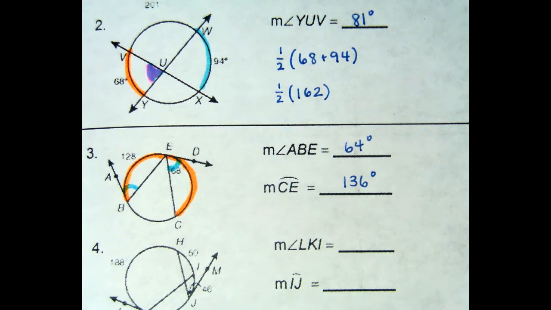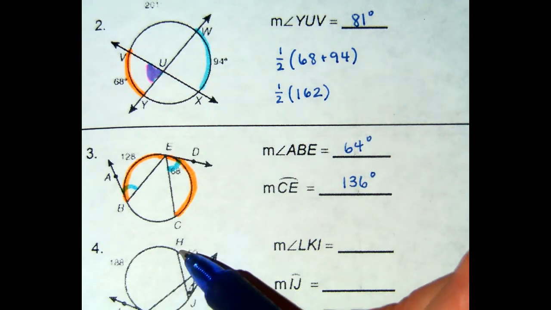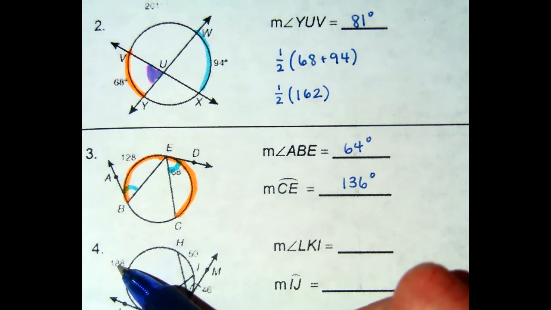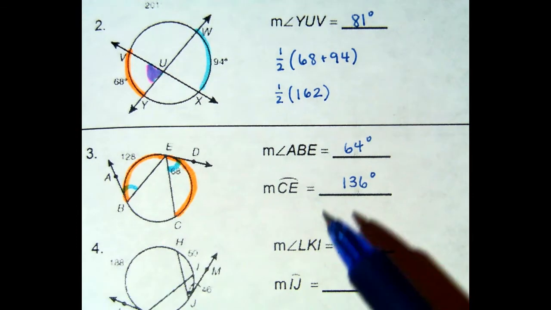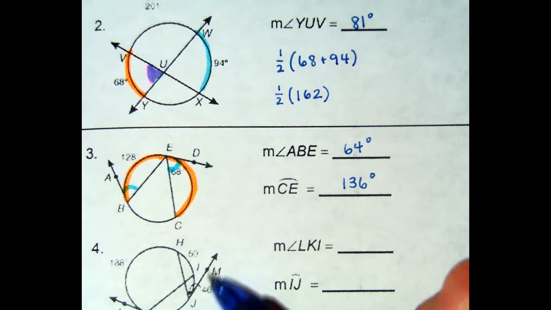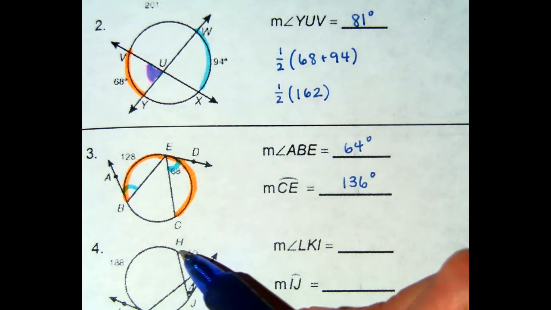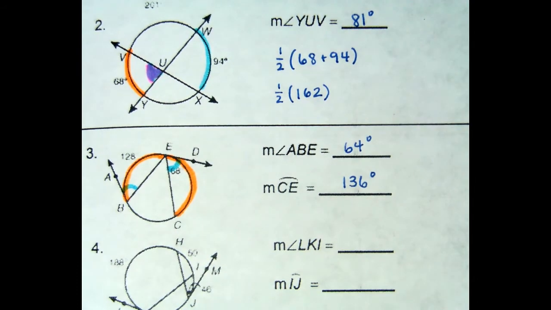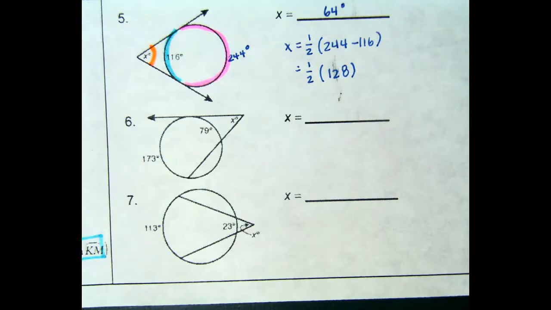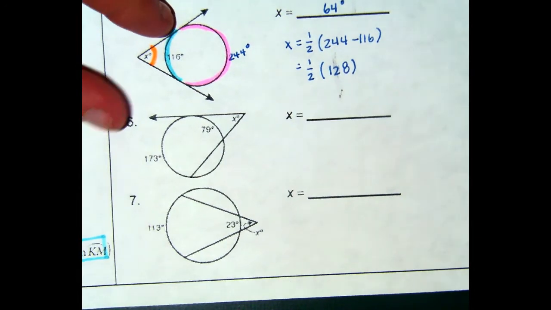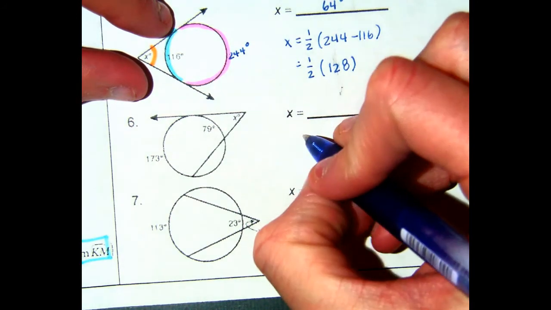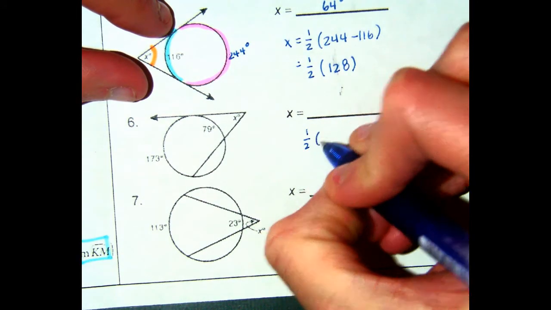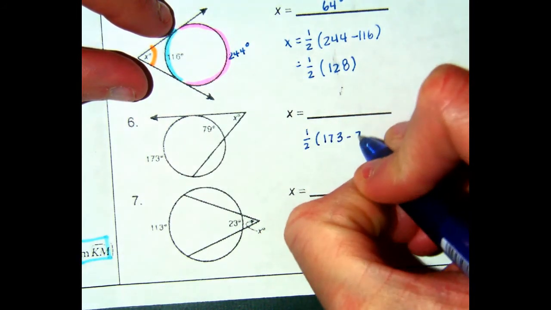Alright, I want you guys to try number 4 in case you cannot see. The arc H to K is 188 degrees. The angle HJM is 46 degrees. And HI, just this part right here, is 50. What did you guys set up to find number 6? 173 minus 79.